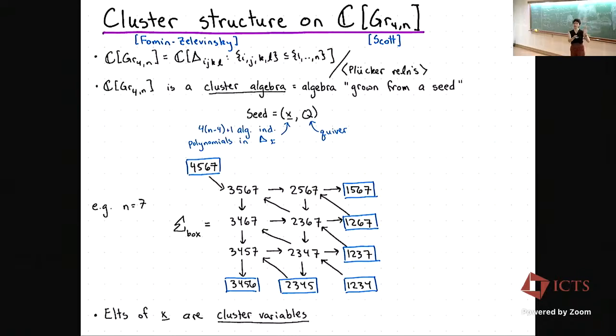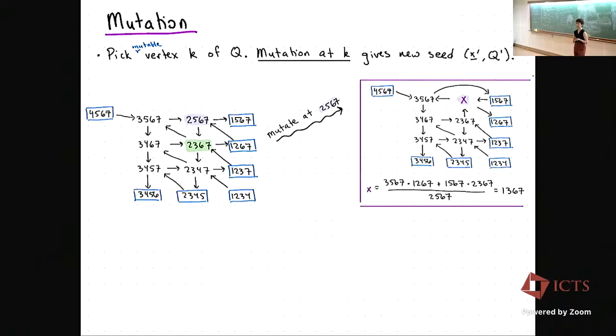Given this seed, with all these cluster variables in this quiver, I can make a new seed by an operation called mutation. I'm not going to give you all the details of mutation. It's very rigid and combinatorial. I'm just going to do an example. To mutate, you pick a particular vertex of your quiver, like this one, 2, 5, 6, 7.